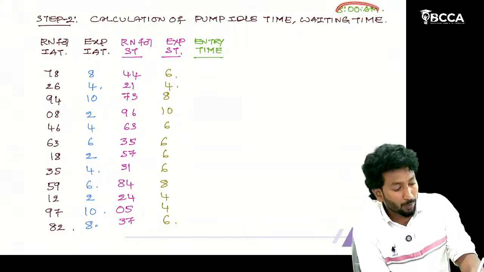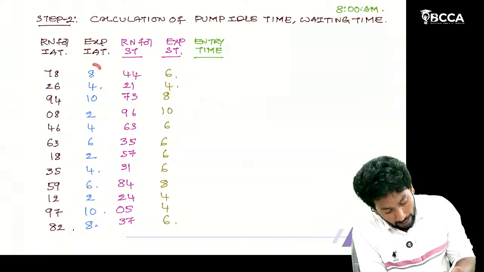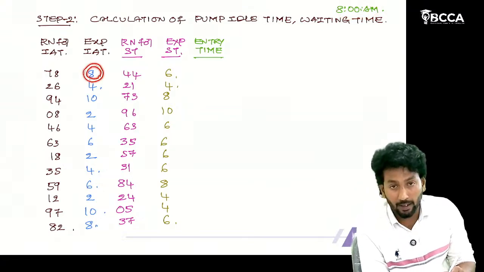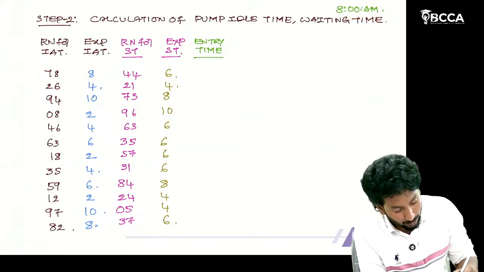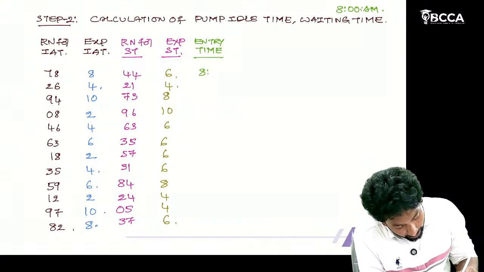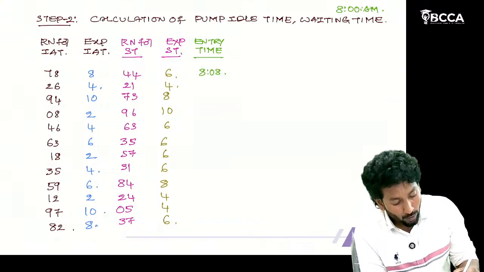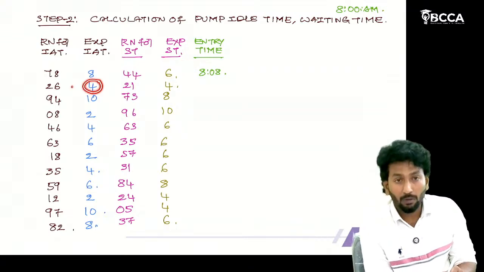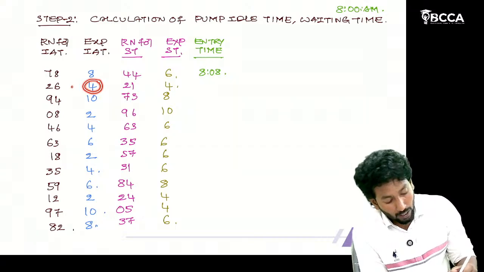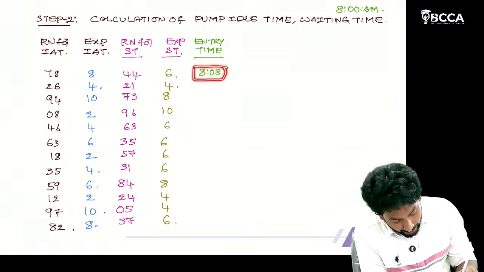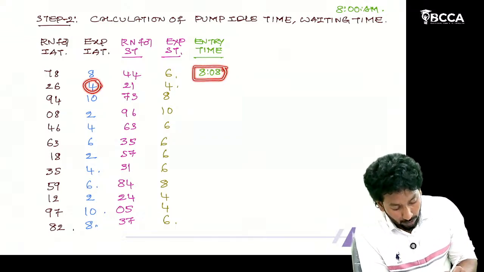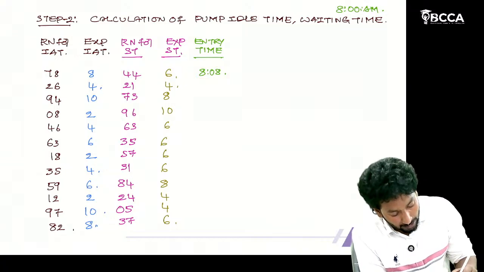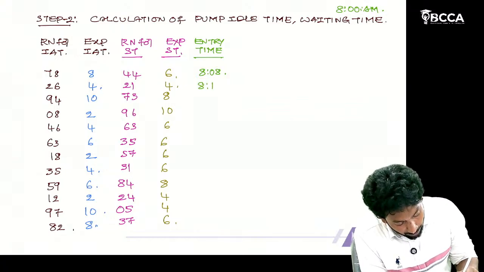After opening the petrol bunk, the first customer arrived at inter-arrival time 8. That means he has entered into the queue at 8 minutes. The second customer's inter-arrival time is 4, that means 8 plus 4, 12. The second customer entered the queue at 8:12.